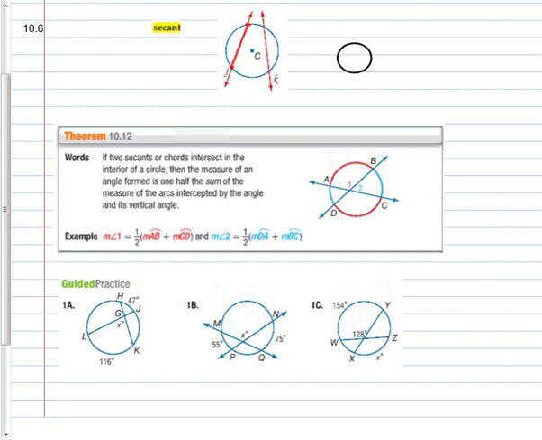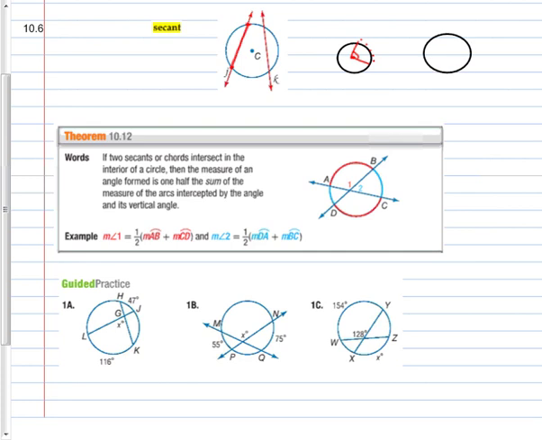If we have a circle and I draw an angle like that, what do I call that kind of angle? Central angle. And what's its measure compared to the arc it intercepts? It's exactly the same.